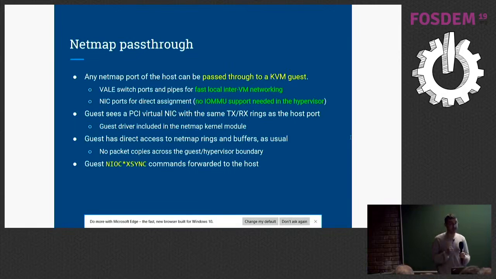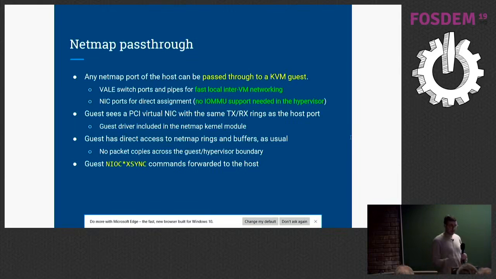From the point of view of the guest operating system, it sees a virtual NIC. And the virtual NIC has the very same configuration as the underlying network port. So if you pass through a hardware NIC with 8 receive rings, you will see a virtual NIC with 8 receive rings within the virtual machine.